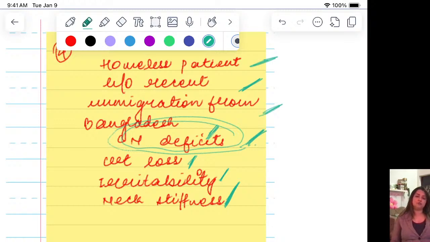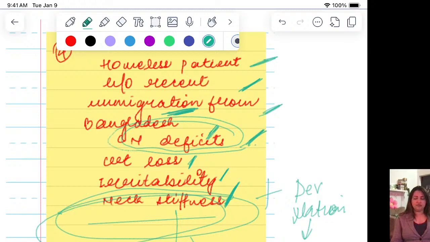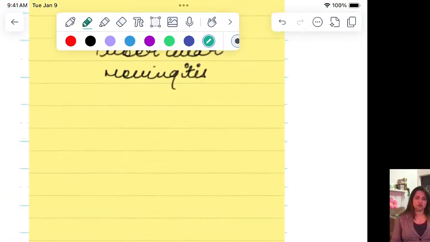What is it? देखो, whenever you are given a case of neck stiffness plus developing nation, what do you have to think about? Tubercular meningitis. Neck stiffness आपको बता रहा है that the patient is having meningitis. Immigration from a developing nation is telling you about the tubercular etiology.